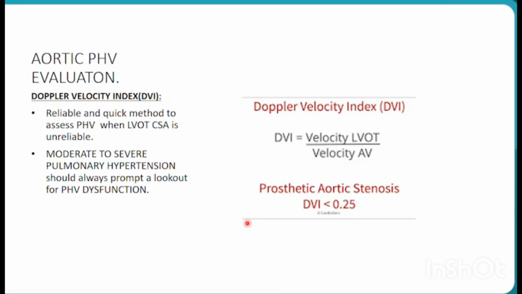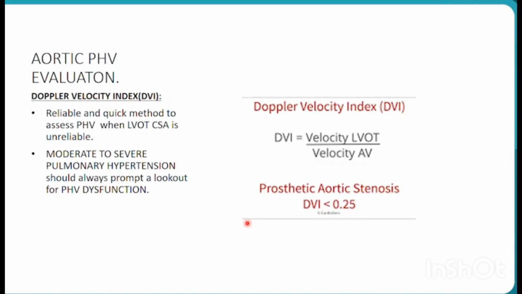So the most important parameter is the DVI, that is Doppler velocity index. In case of aortic valve, it is the ratio of LVOT VTI and aortic valve VTI. So any DVI, if it is less than 0.25, is suggestive of prosthetic heart valve thrombosis.